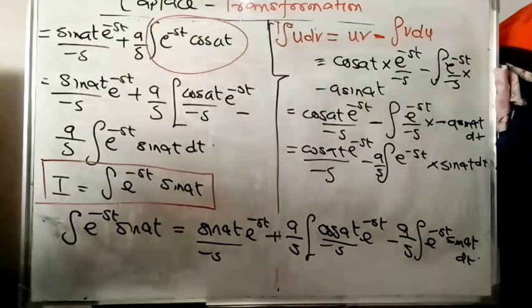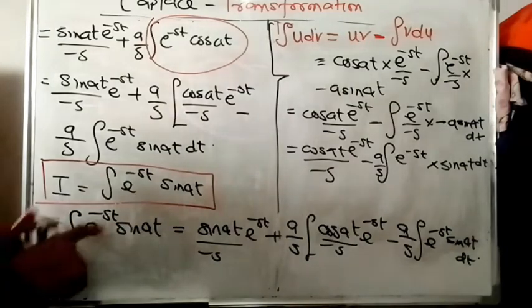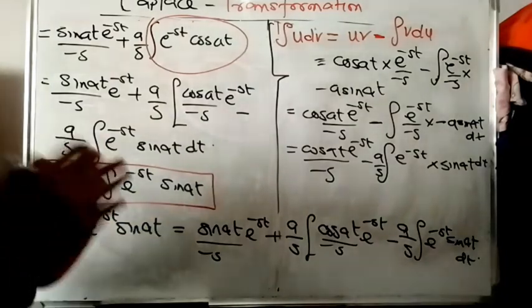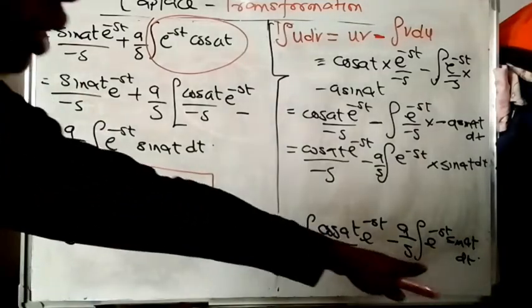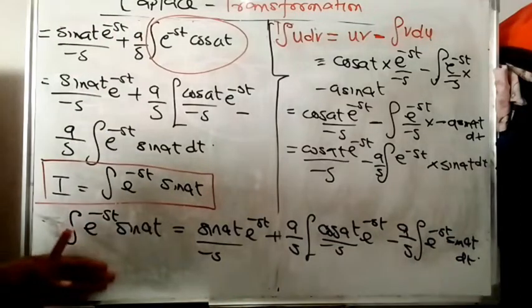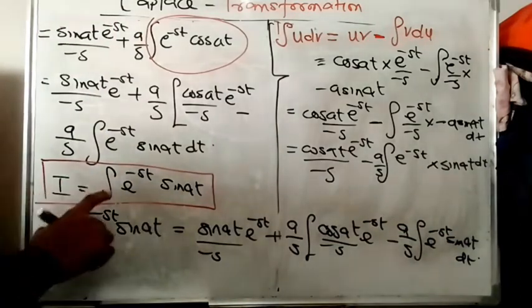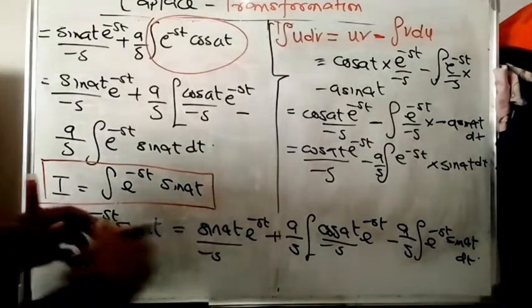What I'm trying to say is that at first we were integrating exponential minus st sine at, which we did using integration by parts. After integrating, you see that we are still getting this same expression. So basically, say let I be equal to the integral of exponential minus st sine at, then we can easily solve.